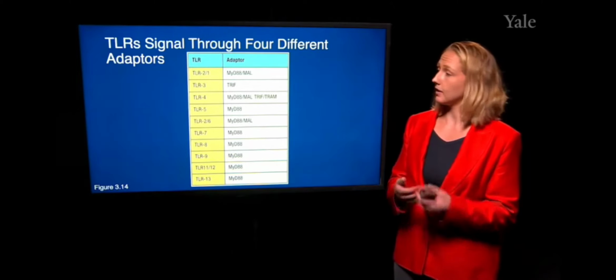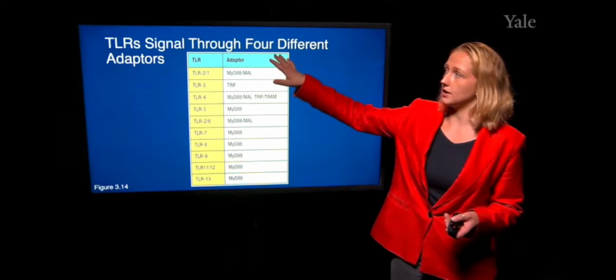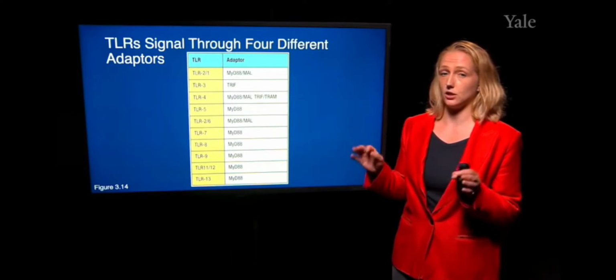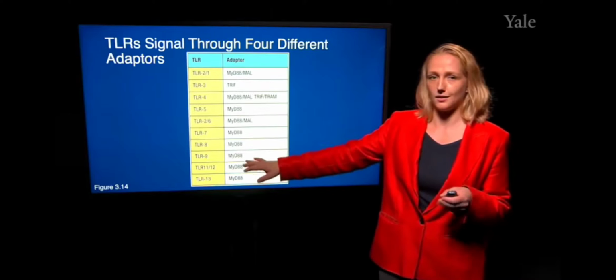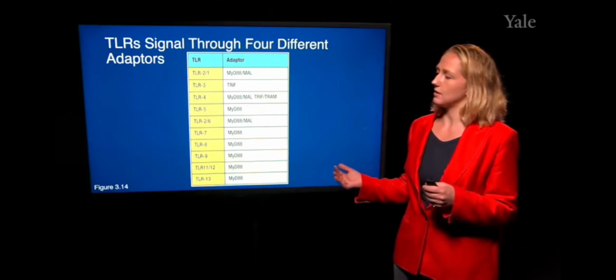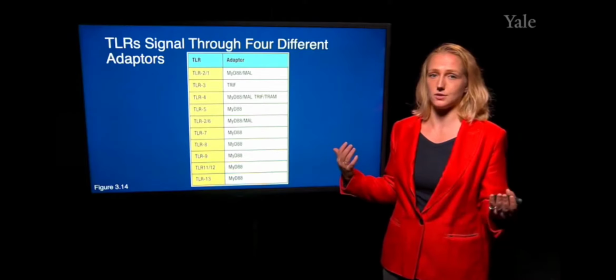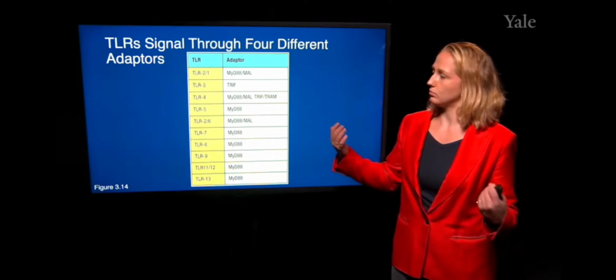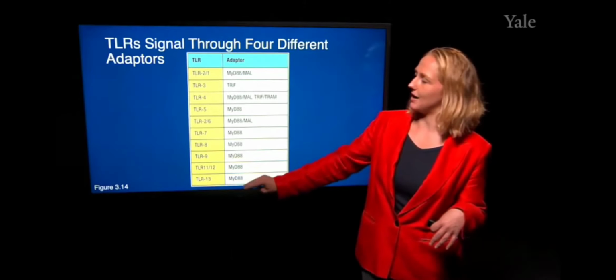However, if you were to knock out or eliminate a TLR adapter, such as MyD88, the host or the patient is then more susceptible to pathogens that express everything that is recognized by TLRs that use that specific adapter.